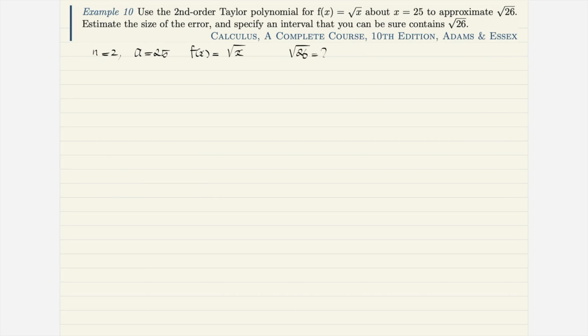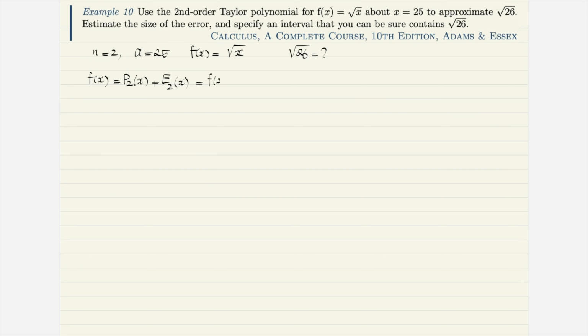So I would write Taylor's formula for n equals 2 and a equals 25. I would write f of x is equal to p sub 2 of x plus the error term, or the remainder term, e sub 2 of x. But what is p2? We learned about how to write the Taylor polynomial. I want to write my Taylor polynomial for the point a equals 25.